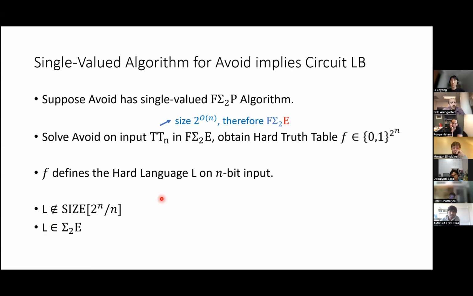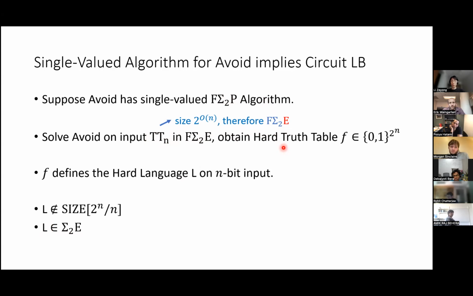And here we lift from FΣ2P to FΣ2E because this truth table generator has size 2 to the order n. So if we measure in terms of the small n, this takes time exponential in n.